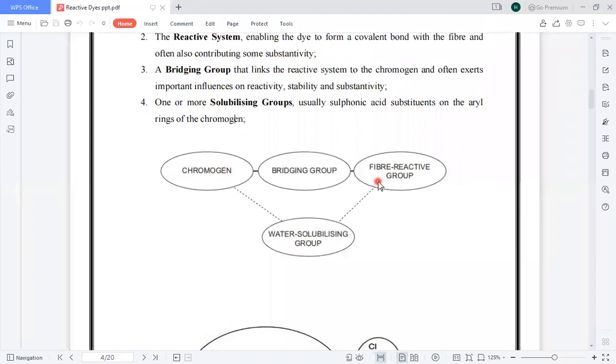The reactive dye consists of four parts. First one is the chromogen that gives color to the dye, and the second one is the fiber reactive group, or the reactive system, that is linked to the chromogen through the bridging group, and the fourth one is the solubilizing group that makes the dye soluble in water.